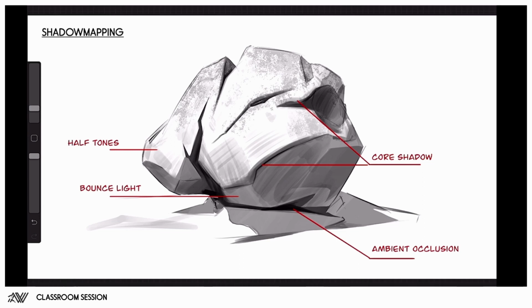Again, it's important, and that's what I tell you in the video as well: try to do this in grayscale. The reason you need to do this in grayscale is to really focus on the values and get a good and realistic read of the objects that you're studying with values alone. Adding color later, that's the easy part.